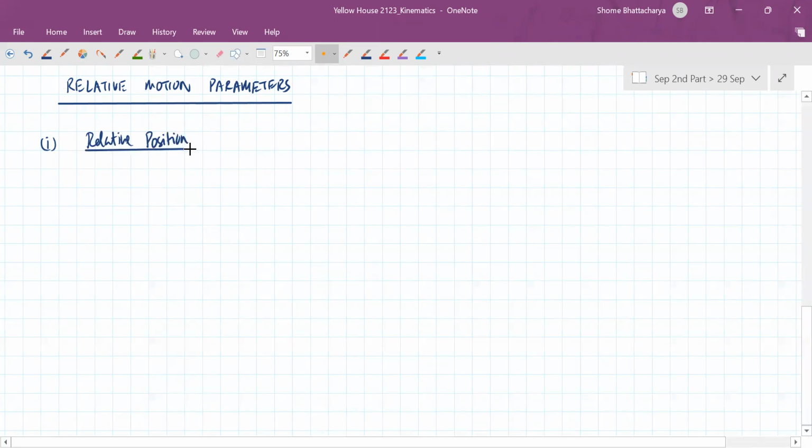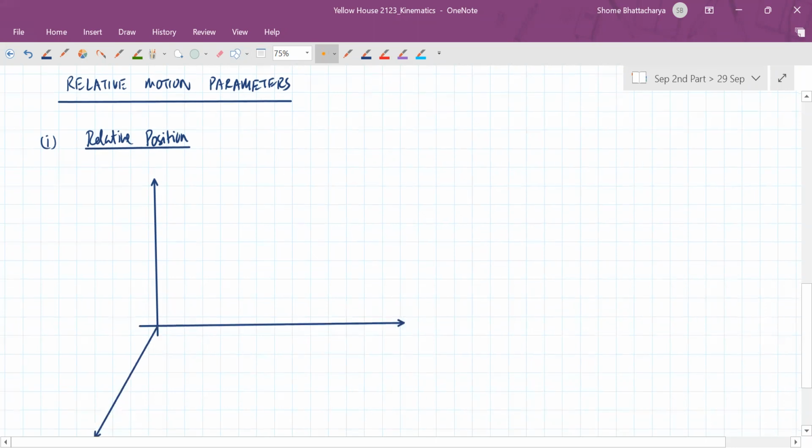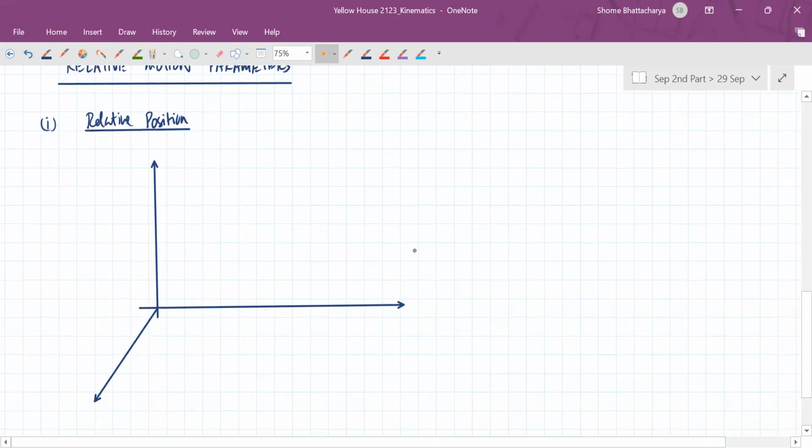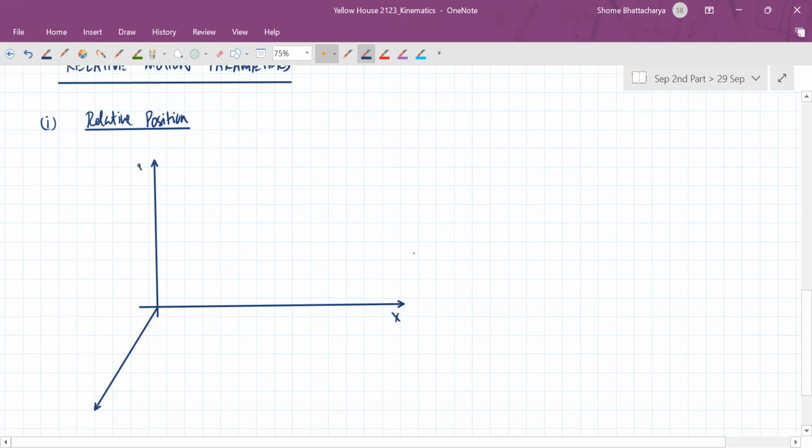Okay. So let us say that with respect to the ground frame, we have two objects A and B, which are individually located. So imagine a three-dimensional ground frame.